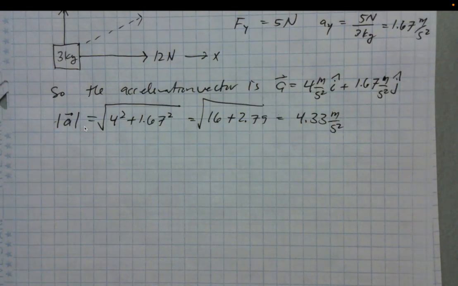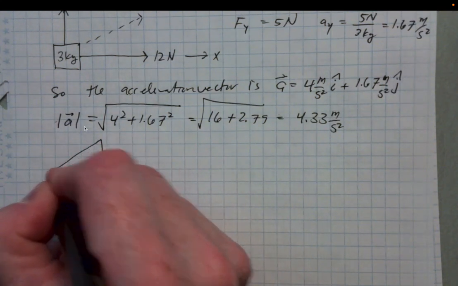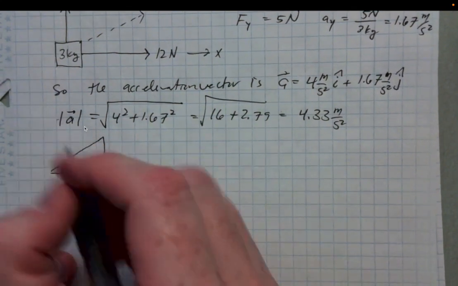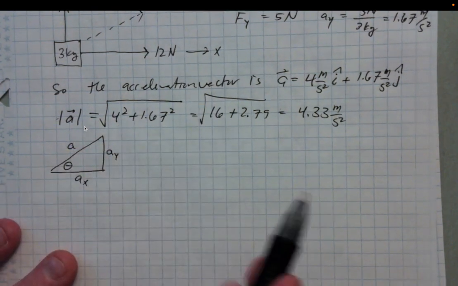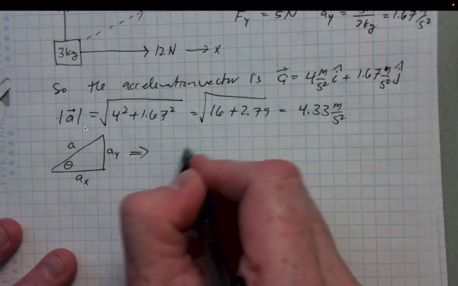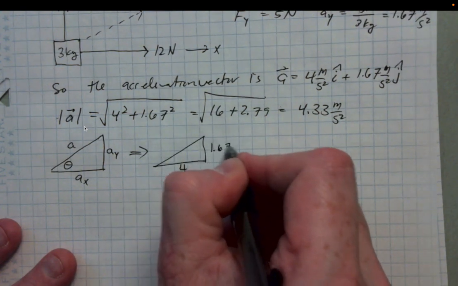What's the direction of the acceleration? Well, you can think about this with a little bit of trigonometry. You've got a theta here, and then you've got your a sub x, your a sub y, and then your acceleration. Plugging in those values, this is a 4, this is 1.67.